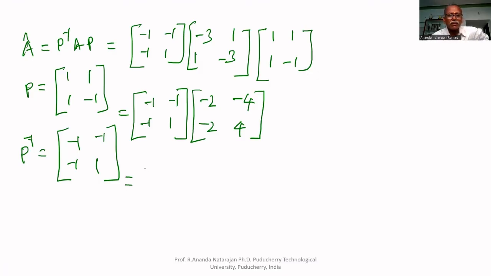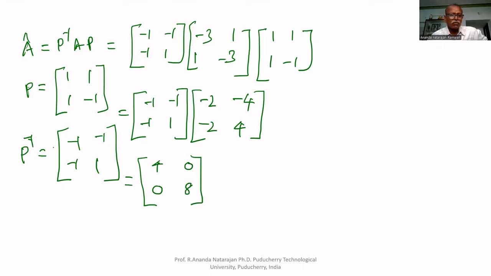If you multiply again, first row, first column, you will get minus 2 plus 2 plus 2, 4. First row, second column, plus 4 minus 4, that's 0. Second row, first column, again 0. Second row, second column, plus 4 plus 4, 8.